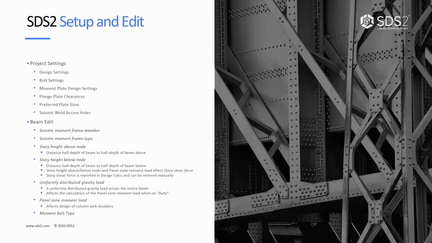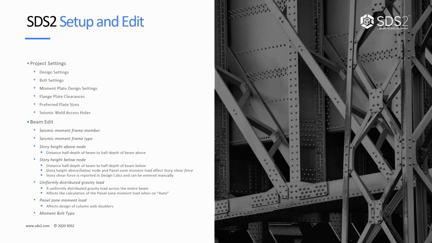And then again, within our beam edit window, we're actually going to see an entire new seismic tab or area within the beam edit window where we can specify this to be a seismic moment frame member. In the past, I believe that option was actually a left and right end option.